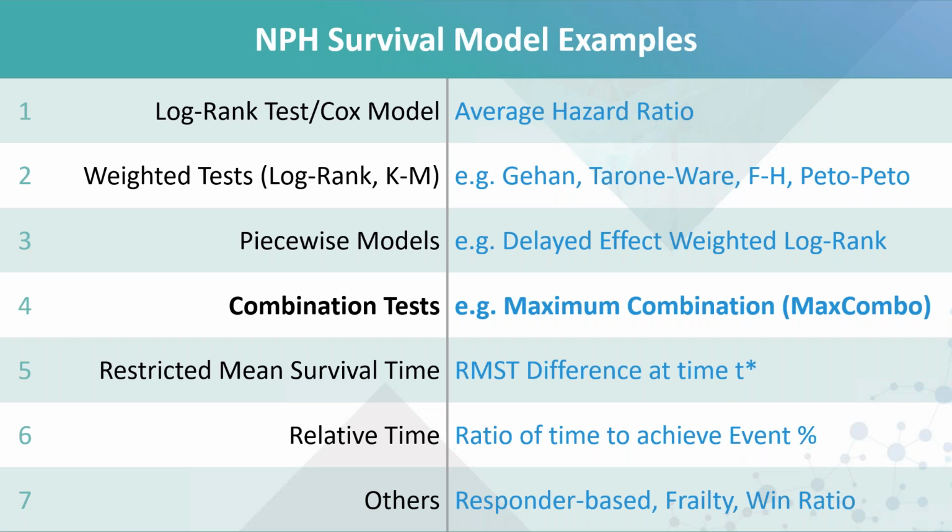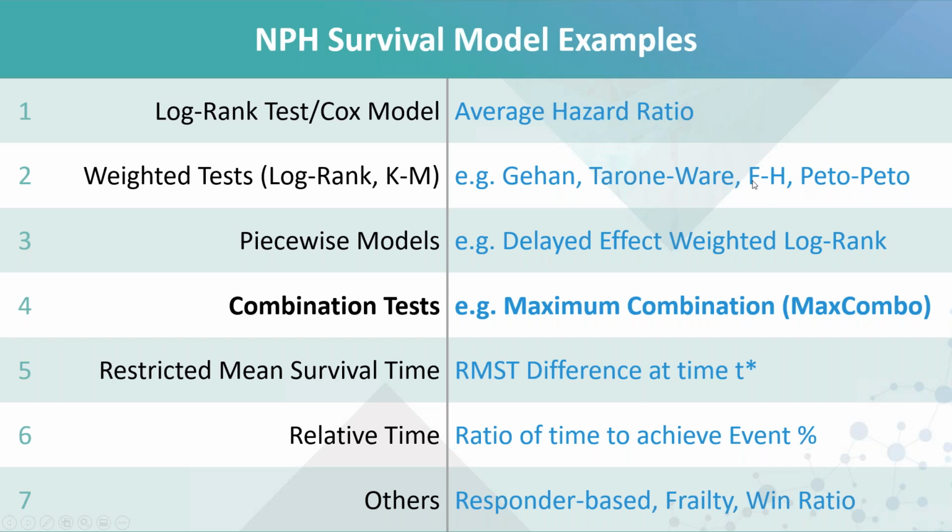Obviously the log rank or Cox proportional hazards models are often just used somewhat incorrectly, and the average hazard ratio is taken. That'll probably be one of the most common approximations that's made. A slight improvement upon this would be to use weighted tests, and the majority of, if not all of, the methods proposed here are using some form of a weighted log rank test as their basis.